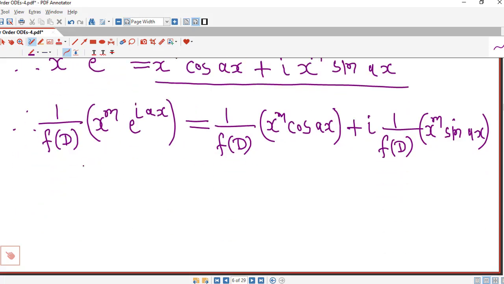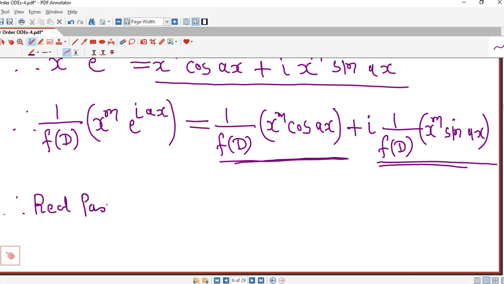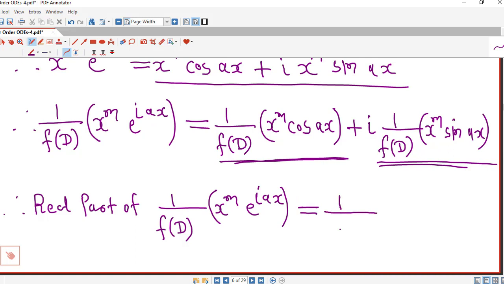So now 1 over f of D x raised to m e raised to i ax is a complex function whose real part is this one and imaginary part is this one. So from this we can write that the real part of 1 over f of D x raised to m e raised to i ax is equal to 1 over f of D x raised to m cos ax.